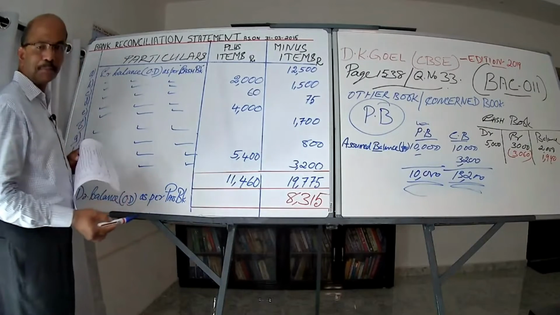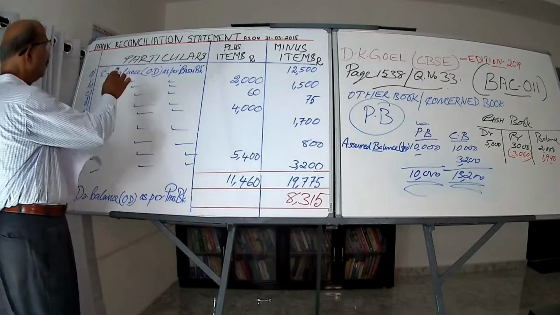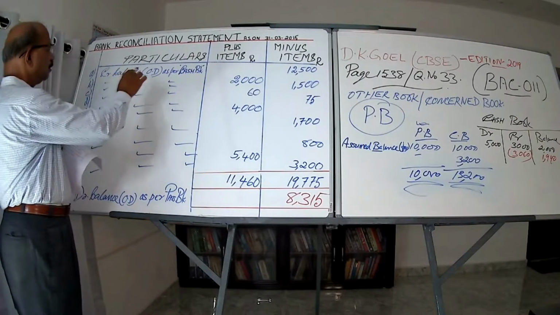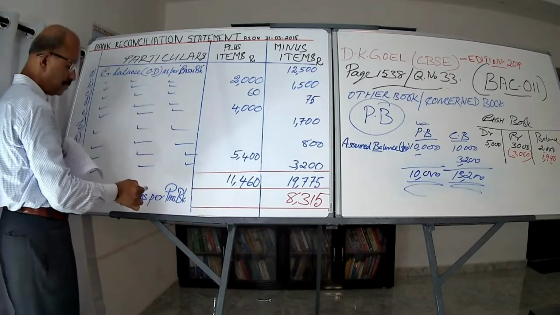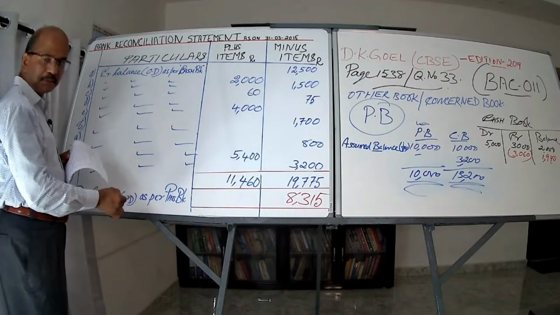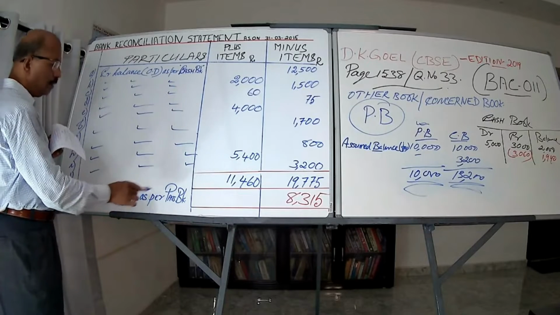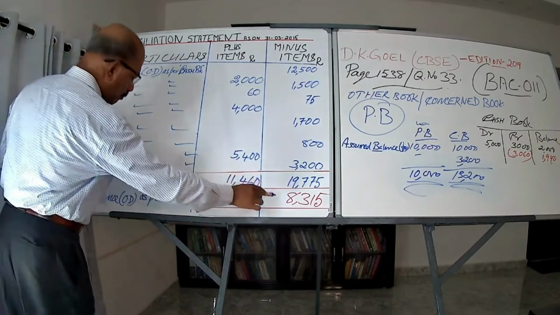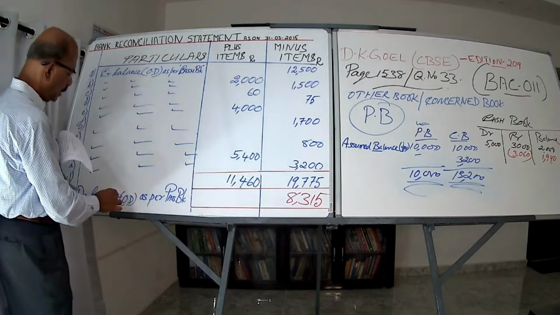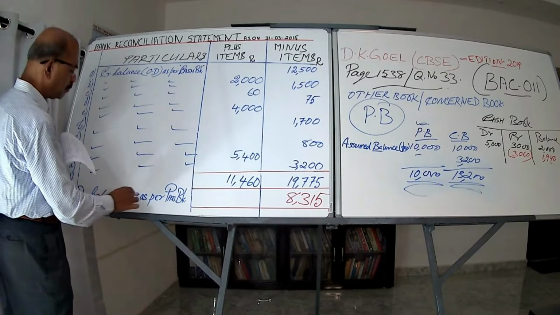Obviously, it has to be as per passbook because they have given me the base book as cash book, which means what is expected of me is to find out the balance as per the passbook. My students, having understood this as overdraft, you can write at least overdraft as per passbook.